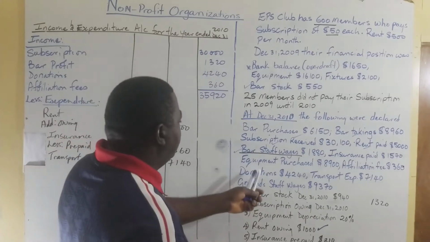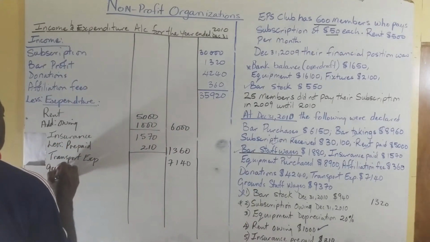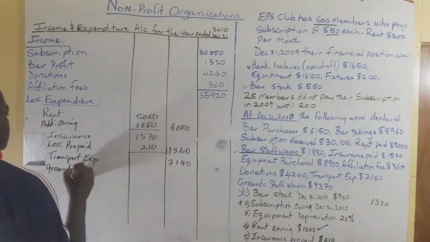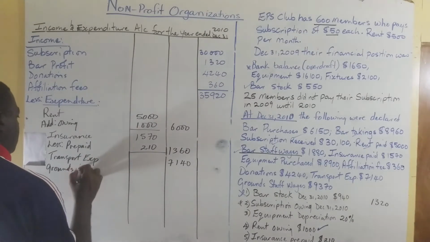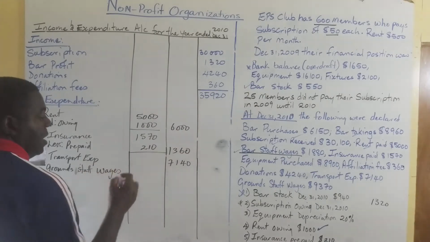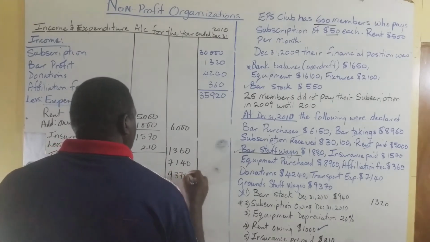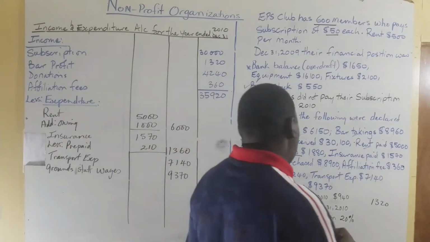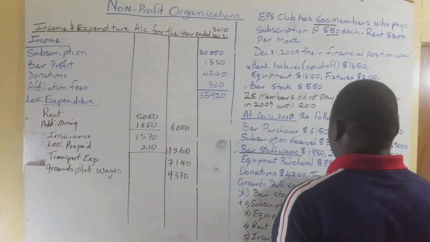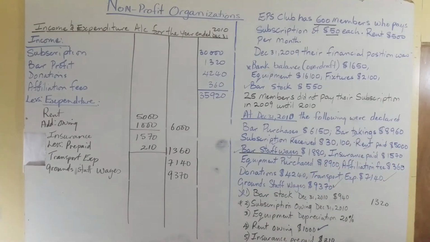We also have ground staff wages, and that amount is 9,370. Right? So we have used this one. All right. Are there any other expenses? There's one other we have not treated, and this is it.